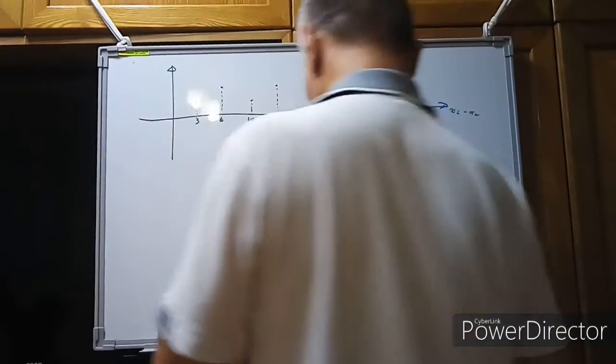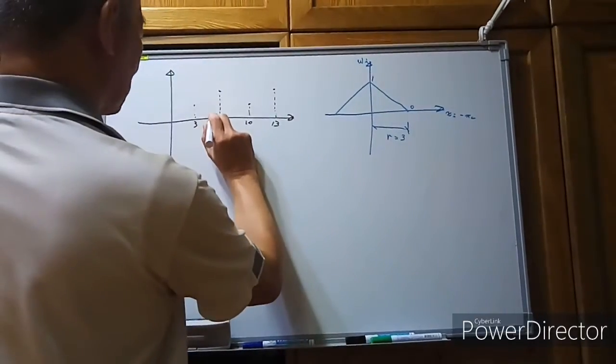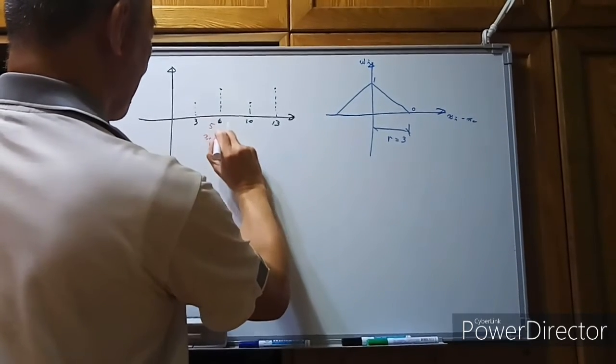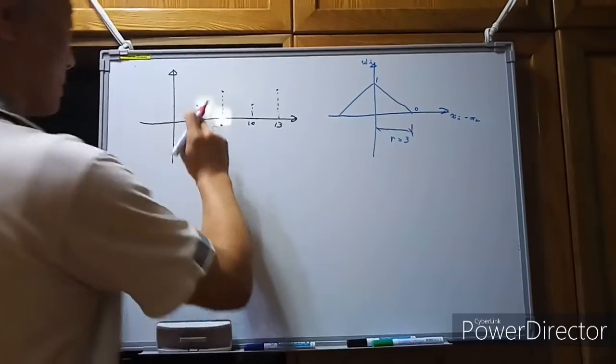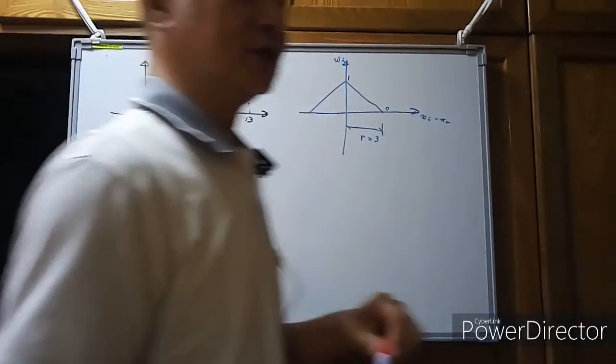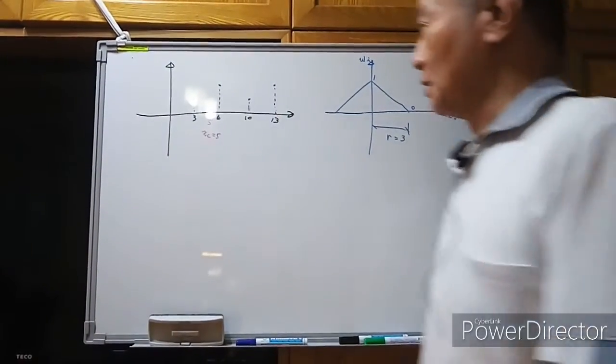Okay, so for example, let's consider a center point equal to 5. If we consider the center point of 5, then which points will be considered?